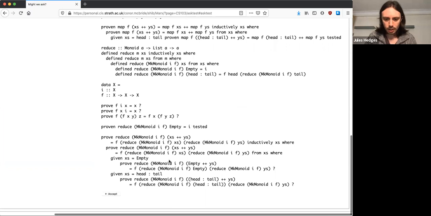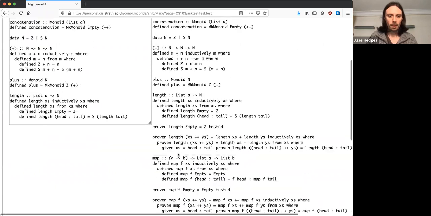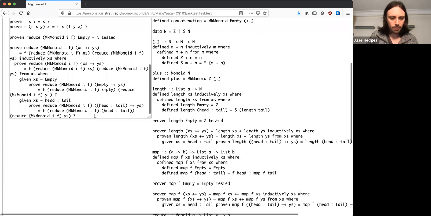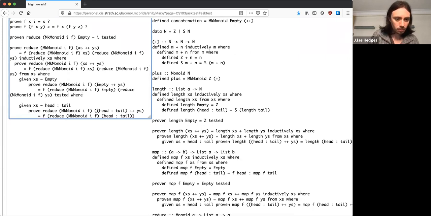Now, if you look at this, when I say tested, Ask will simplify the left-hand side because it knows that empty concatenate ys is ys. And on the right-hand side, it knows that this thing, reduce of empty, is I. So I'm going to say tested where, and then reduce ys.